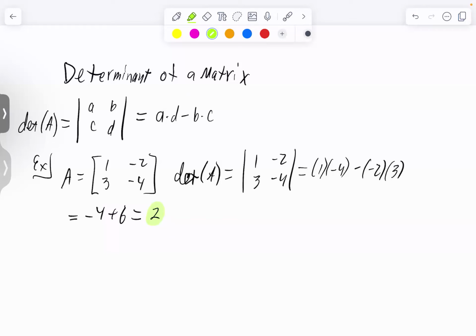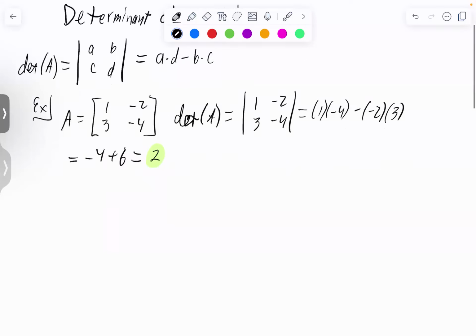A 3-dimensional one becomes much more complicated. In 4 dimensions, even more so, and so on. But we're just going to go up to a 3-dimensional one.